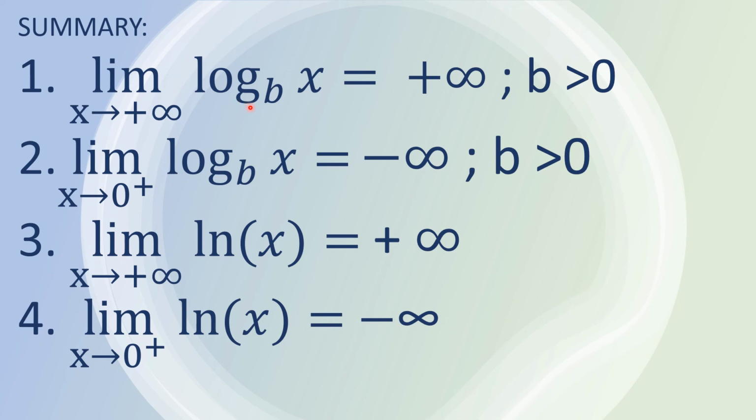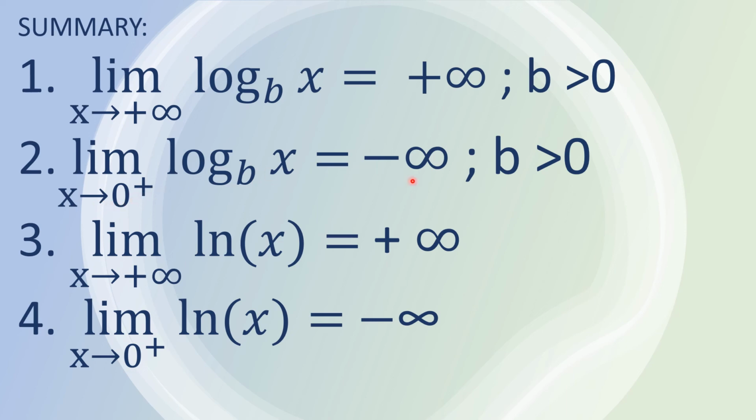The limit of the logarithm of x at the base b, as x approaches positive infinity, assume that b should be greater than 0. Memorize that b should be greater than 0. If the logarithm of x at the base b, as x approaches 0 from the right, the answer is negative infinity.